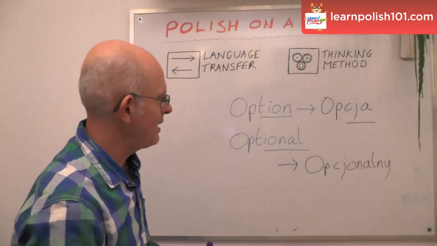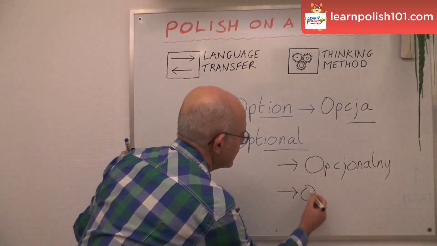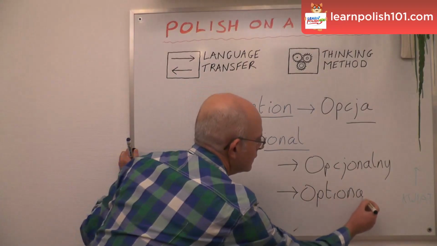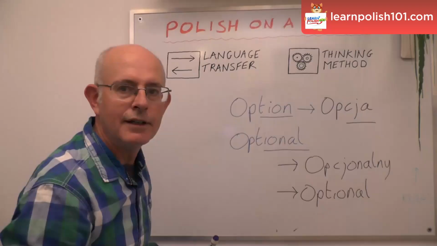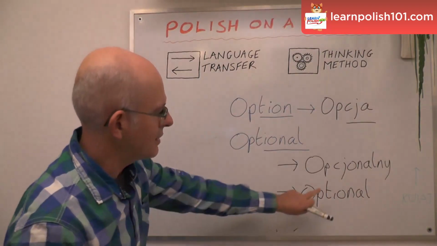The second way you might want to think about this is to keep the English word like that, and then just think, okay, we are going to change the T there.